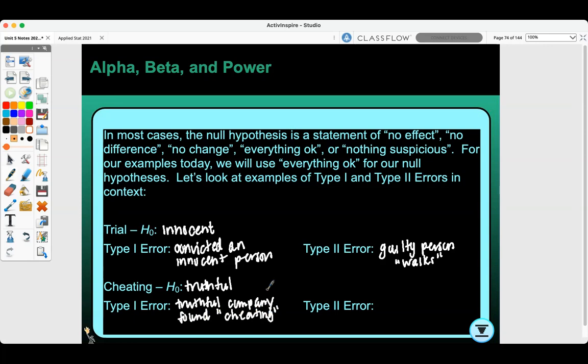A type 2 error would be a cheating company is found truthful, or a cheating company was found not cheating you out.